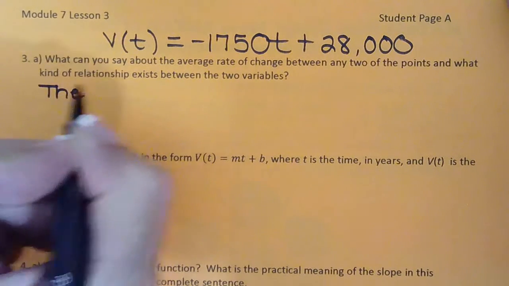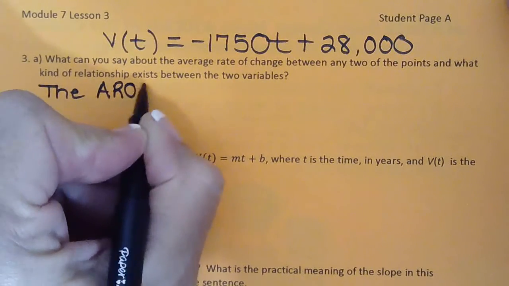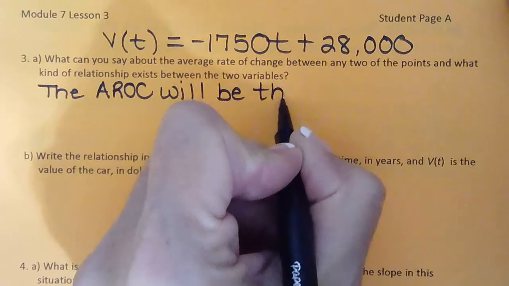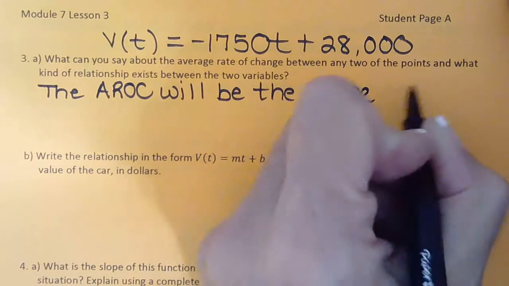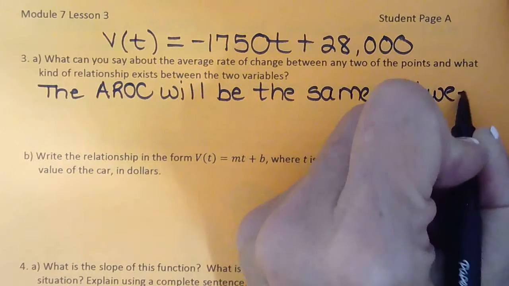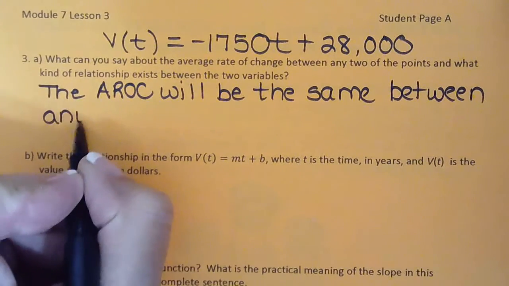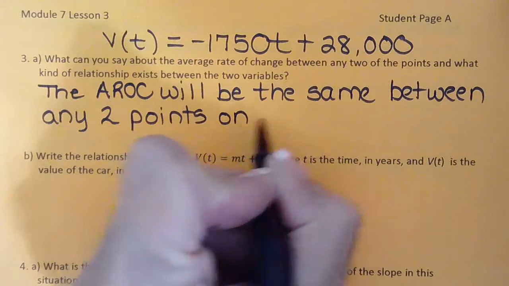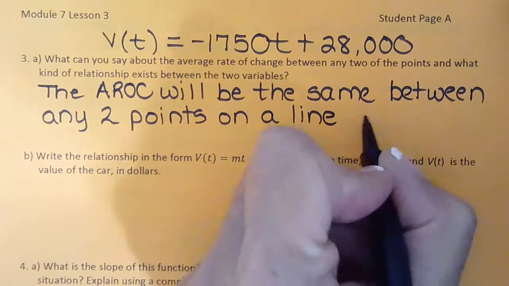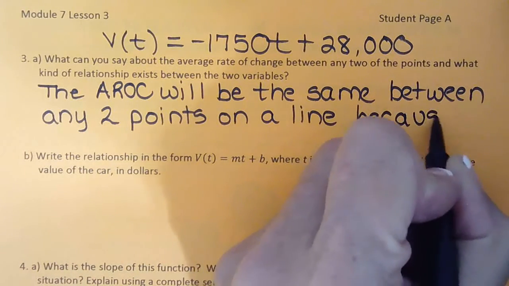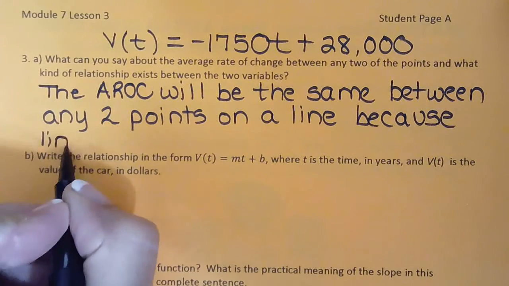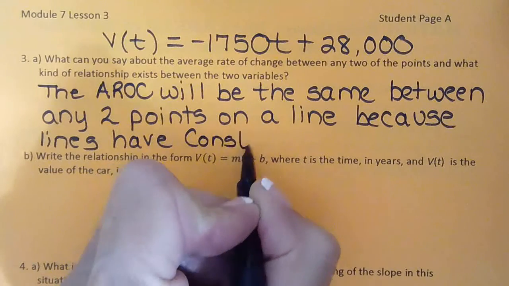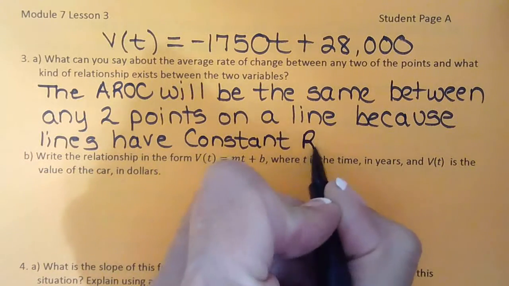So the average rate of change will be the same between any 2 points on a line because lines have a constant, meaning it doesn't change, rate of change.